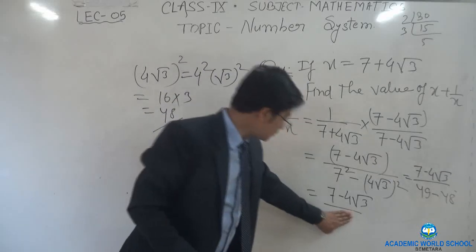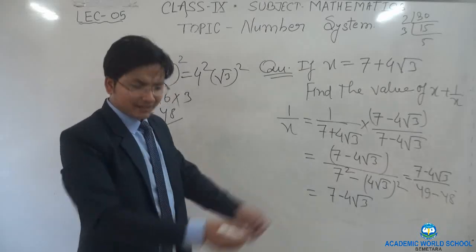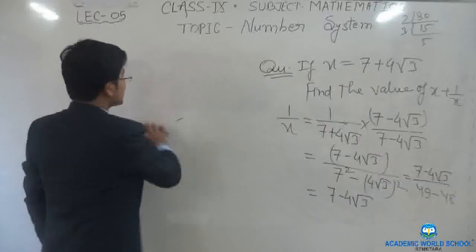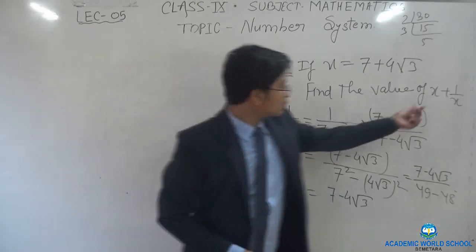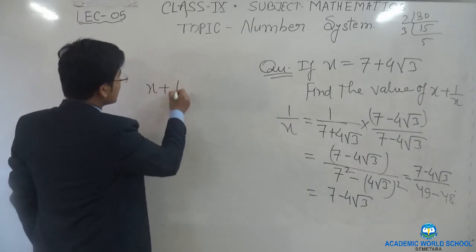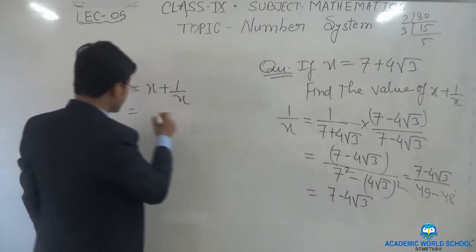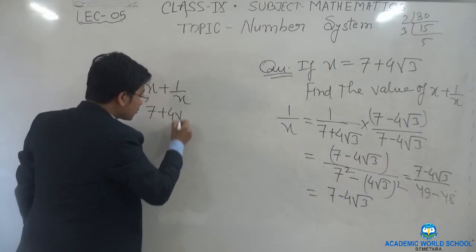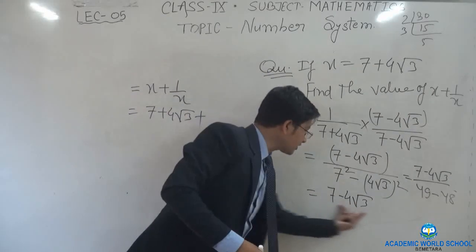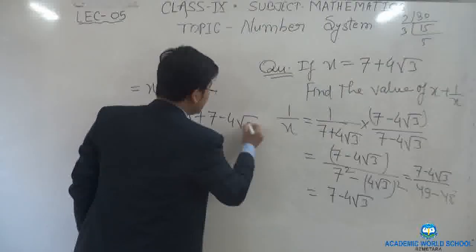Since the denominator is 1, no need to write it; any number divided by 1 is that number itself. Now we are supposed to find x plus 1 upon x. The value of x is given as 7 plus 4 root 3, and the value of 1 upon x is 7 minus 4 root 3.